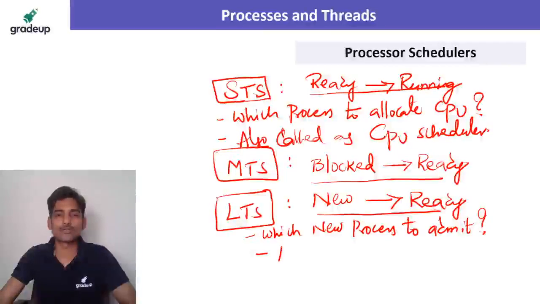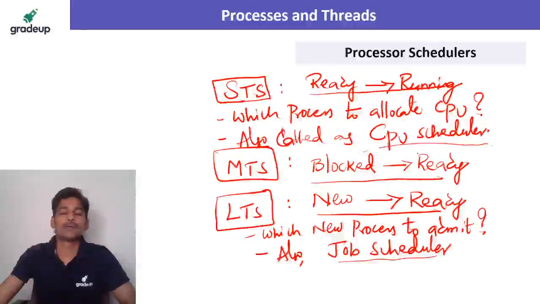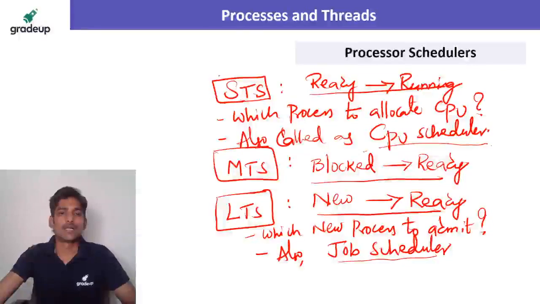And this is also known as the job scheduler. So basically there are three types of schedulers: long-term, medium-term and short-term.